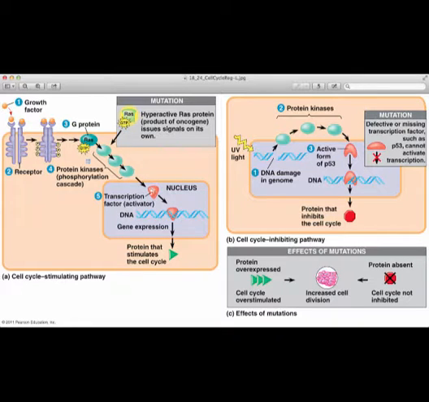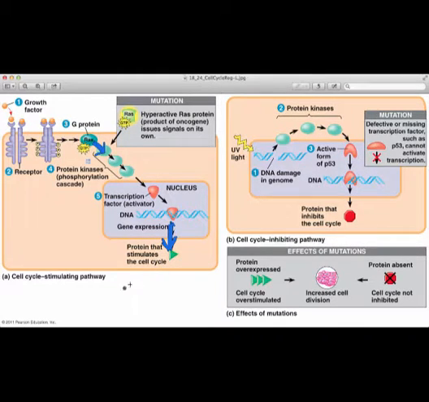A transcription factor is activated, and that causes gene expression. Okay, if you have a mutated version of RAS, it is hyperactive, so it's sending much more signal here than the wild type RAS or the unmutated RAS. Okay, so you get a much bigger expression of your stimulatory protein. So this would again cause an increase in cell division, progression towards a cancer.